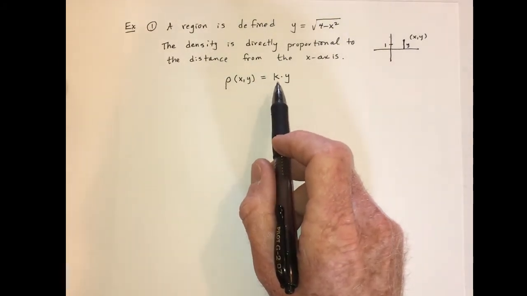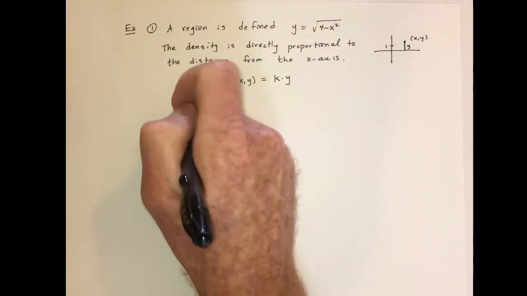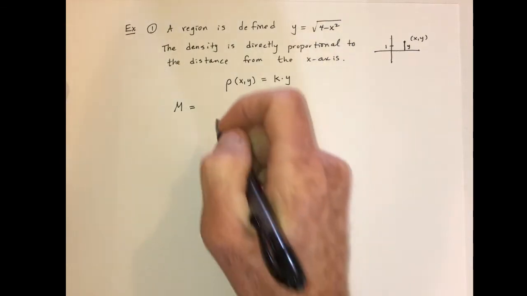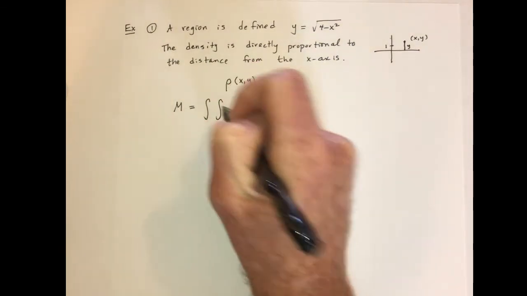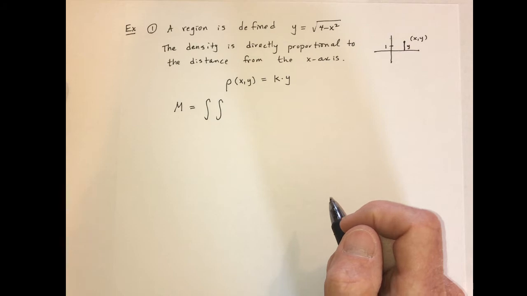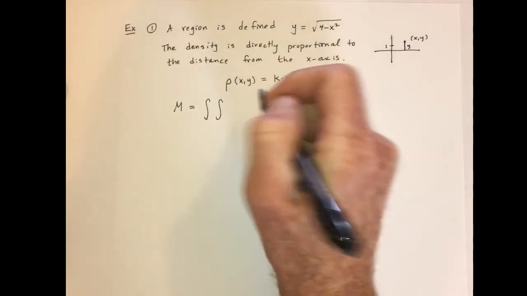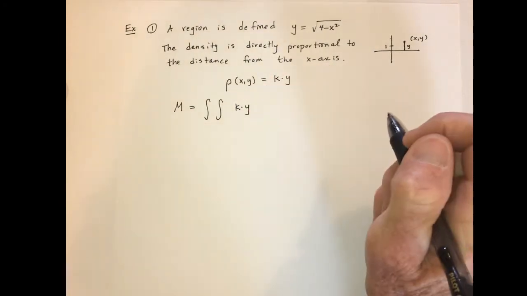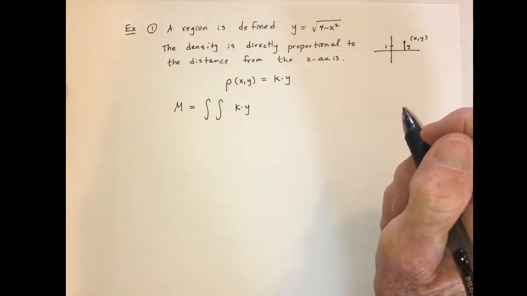All right, now we're ready to do the integrals. So for the mass, you could either write out the word mass or just use capital M. So that will be a double integral. And then we're integrating the density function. And now we need to set up the limits of integration.